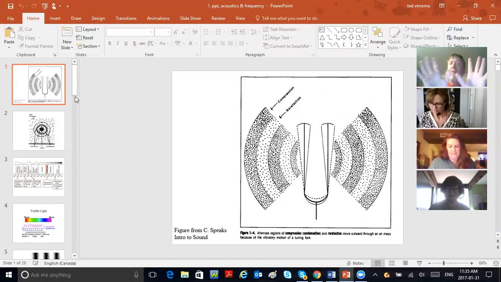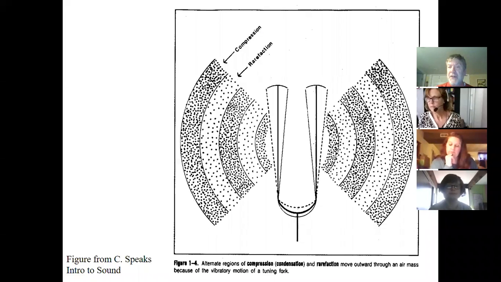And so all the molecules moving around in air are evenly spread apart. And then suddenly something went dong and made a change. And now all of a sudden, what do you have on your screen? You have a pattern. And that pattern is sound waves. Okay? So sound doesn't happen by itself. Something made it happen.